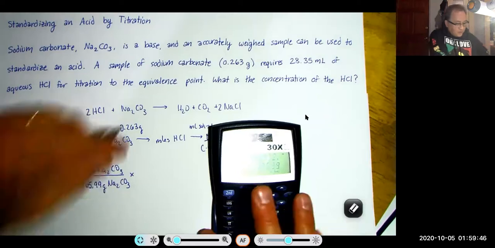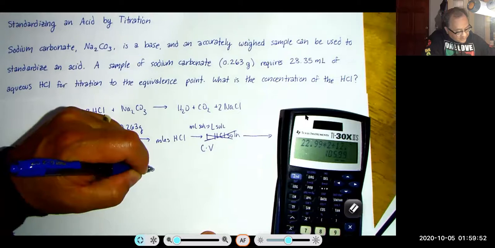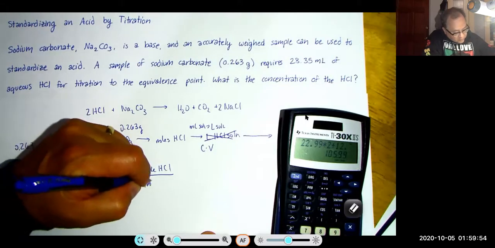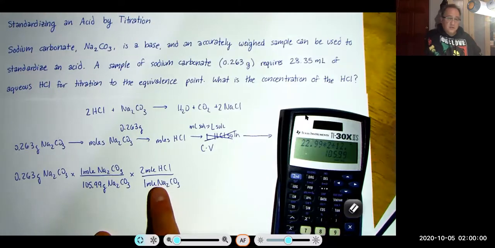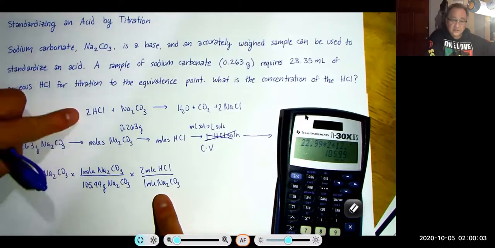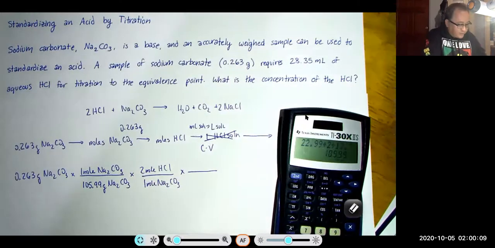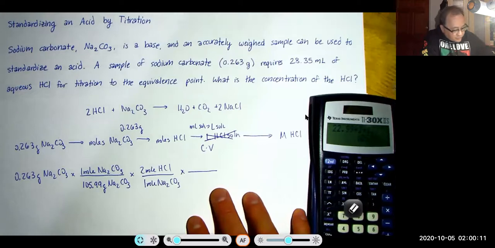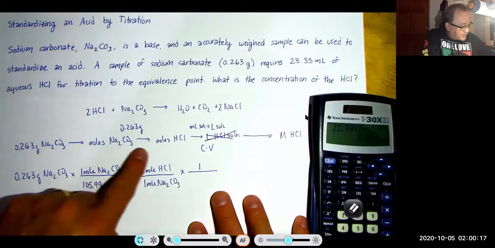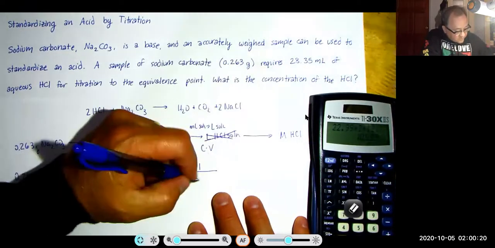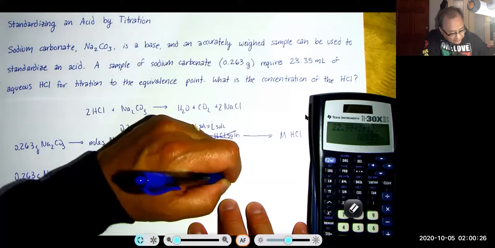Next, we want to turn this into moles of HCl, so we use our balanced reaction, where we have 2 moles of HCl to 1 mole of sodium carbonate. So there we go, 2 moles of HCl to 1 mole of sodium carbonate from our balanced reaction above. And then we're going to multiply by, let's see, this will give us moles. So here, I'm going to just do 1 over this number here, 28.35 milliliters of HCl solution.